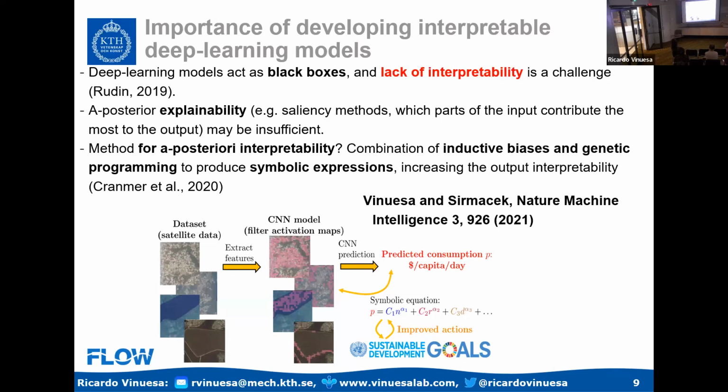We have an article in Nature Machine Intelligence where we gave the example of being able to use satellite data to predict regions of poverty and help achieve some of these UN goals, and how one can use symbolic regression to end up with an equation that reproduces the accuracy of the neural network while having that interpretable capability. No? So you can hopefully at the end reproduce the accuracy of the neural network with an equation.